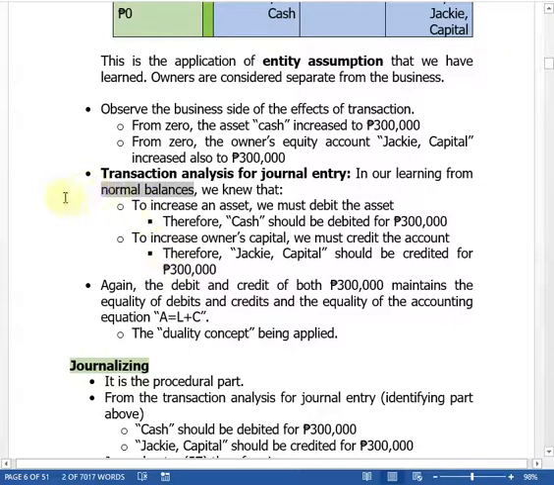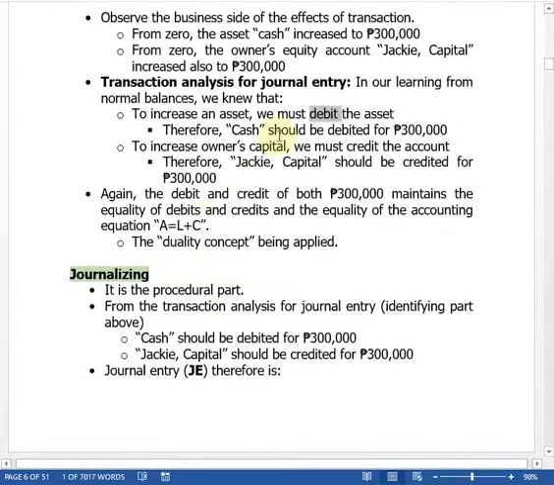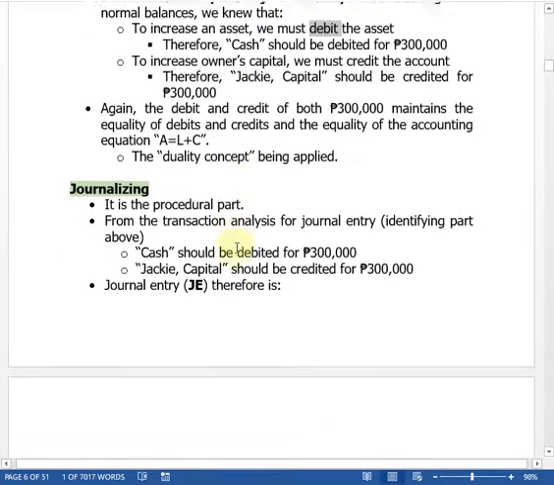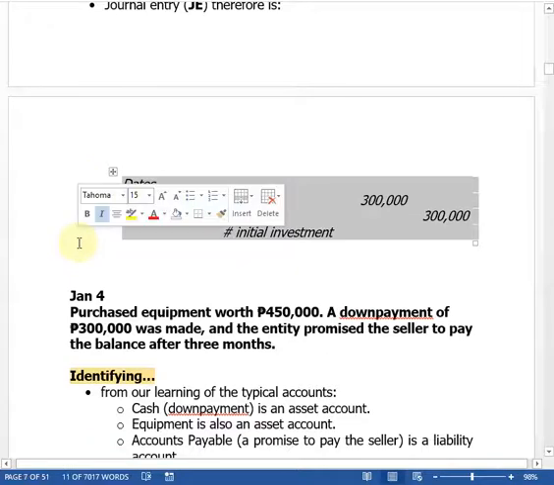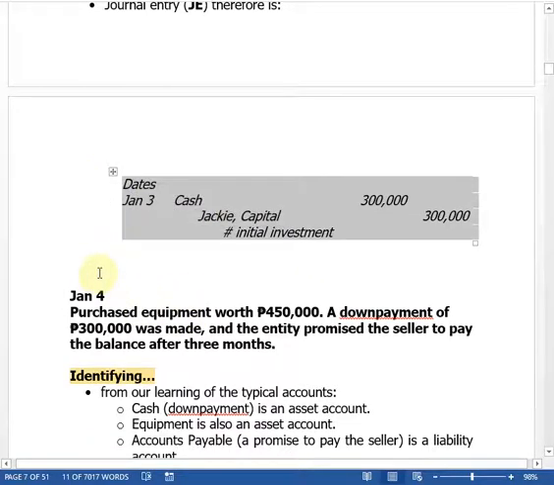And based on the concepts of the normal balances, we would know whether we should debit the account or credit the account. And of course, after knowing what account and what to do with the account, whether to debit or to credit, we may now make the journal entry. Okay, so that is the way to make journal entry.